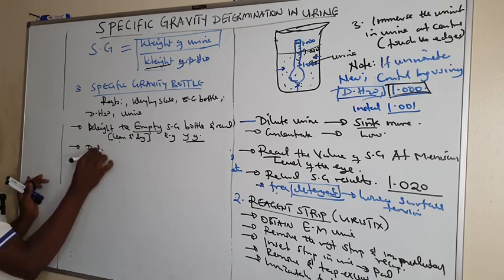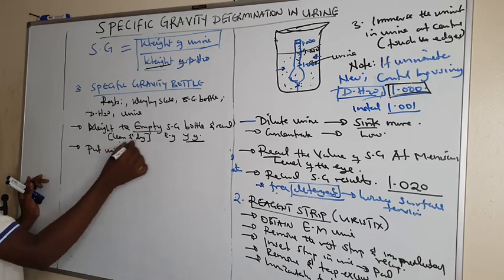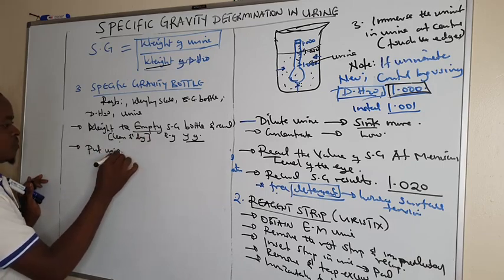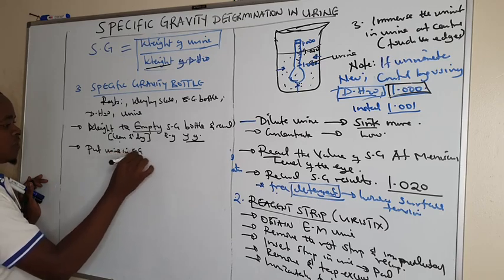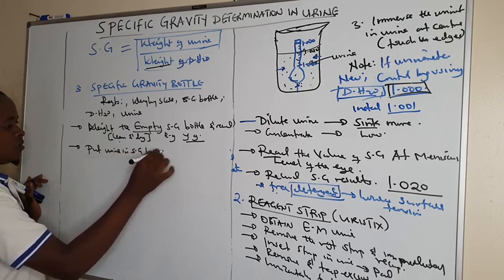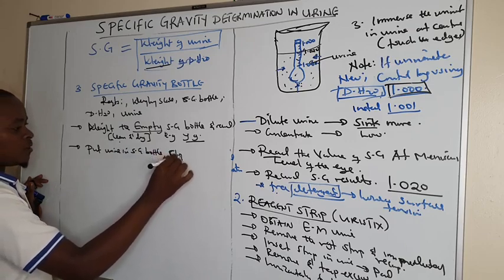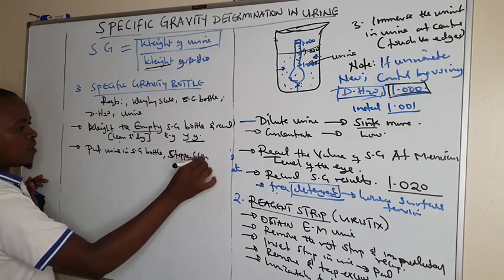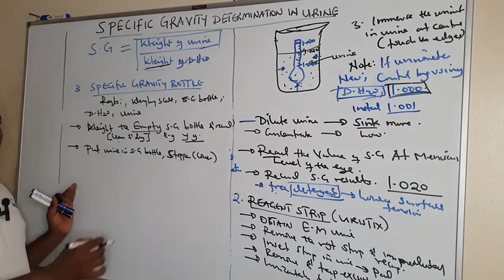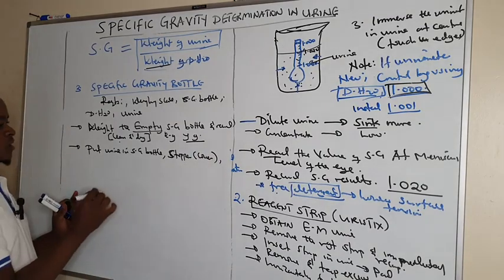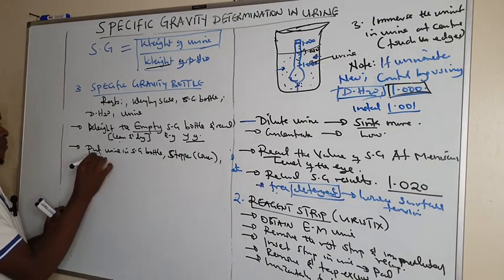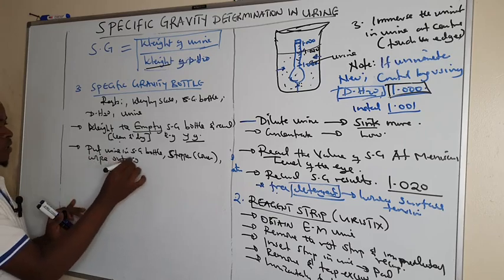After obtaining the weight of the empty specific gravity bottle, you put the urine in the specific gravity bottle, then you stopper or cover. After covering, you wipe outside the bottle.